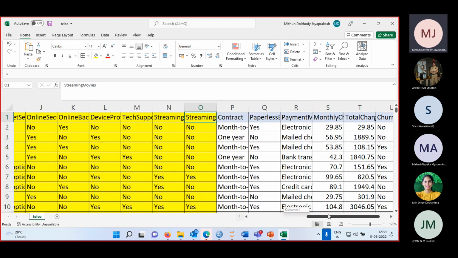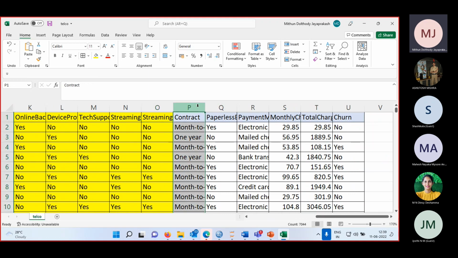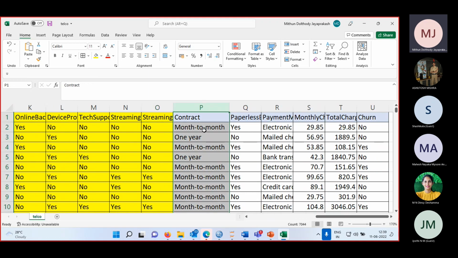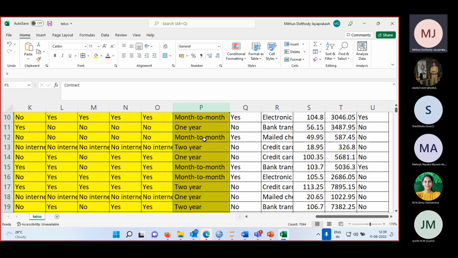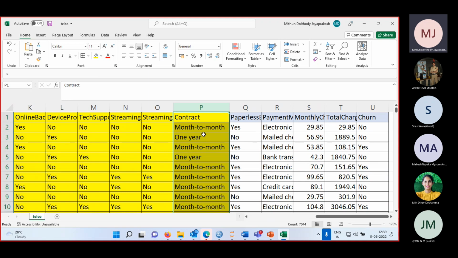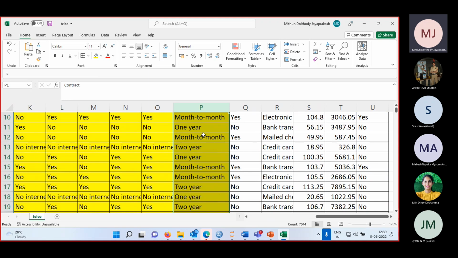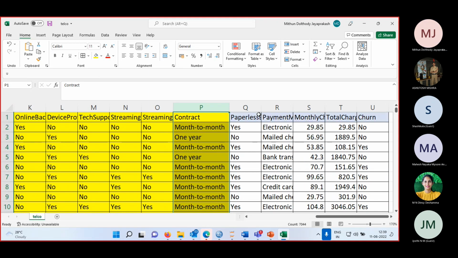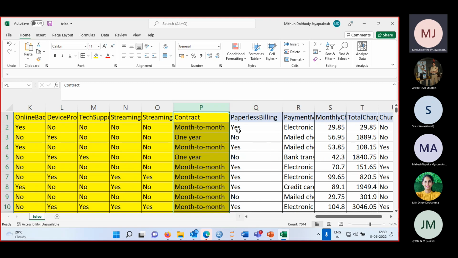Let me scroll to the right side. You'll see certain other variables, like contract, month to month. Some of them are in the month. It's kind of a subscription. Others are paying at the end of 1 year, and so on and so forth. The contract type is month to month or 1 year subscription or 2 years. Then you have paperless billing, yes or no. This again is string data.